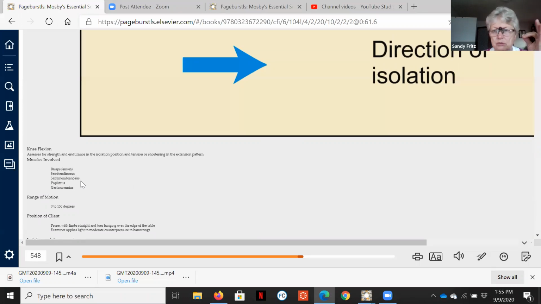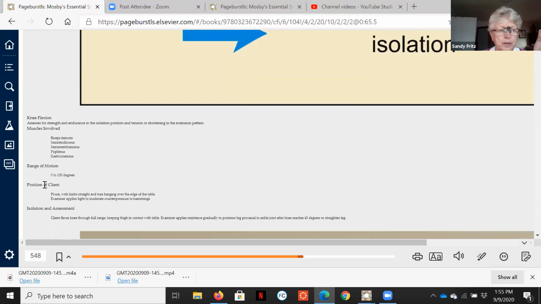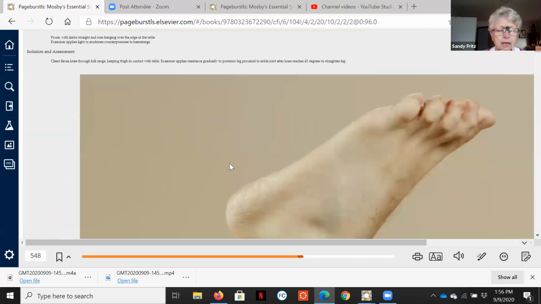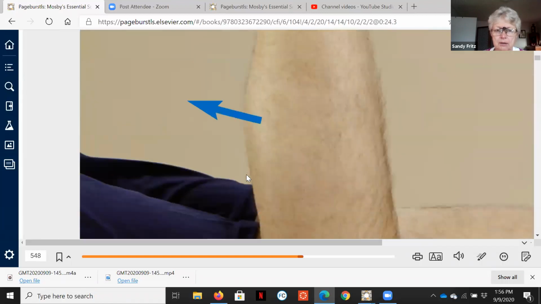It actually is more involved in rotation. We know that at the end range, it can go as far as 150 degrees, but anything past 90 and a little is good functional movement. And we know how to apply a little resistance.